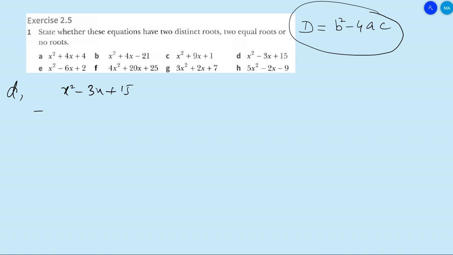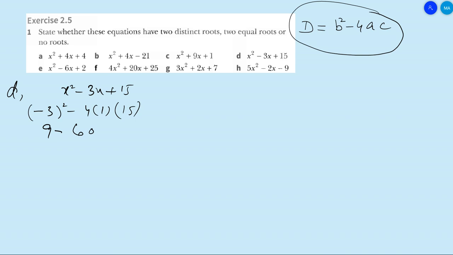So b square, that is minus 3 square, minus 4ac. 3 square is 9. 4 ones are 4. 4 15s are 60.